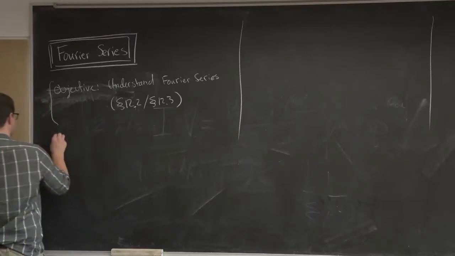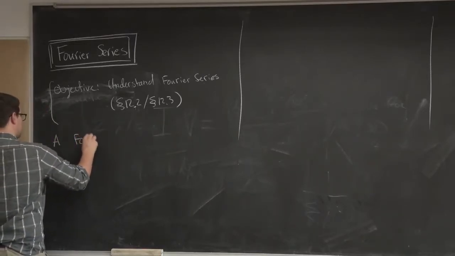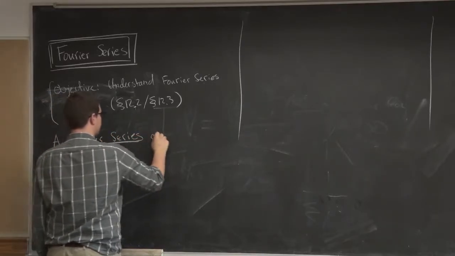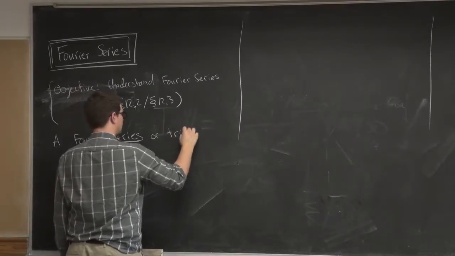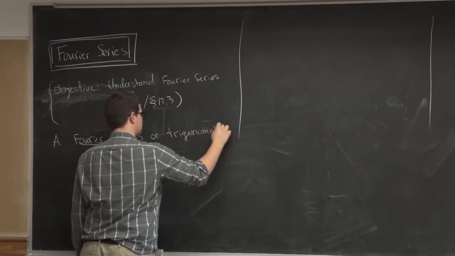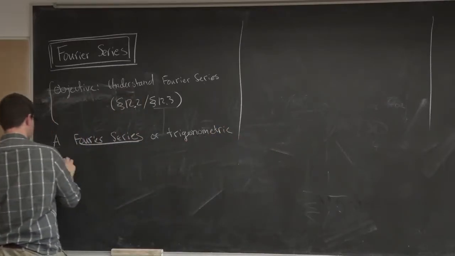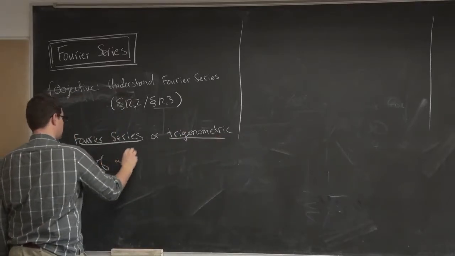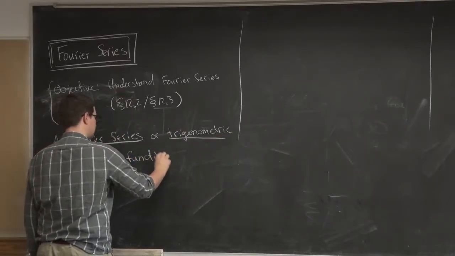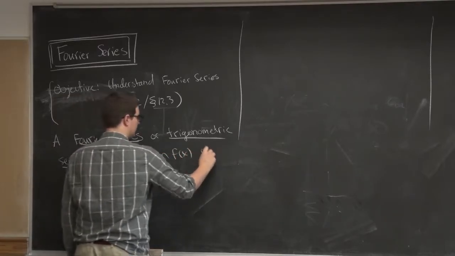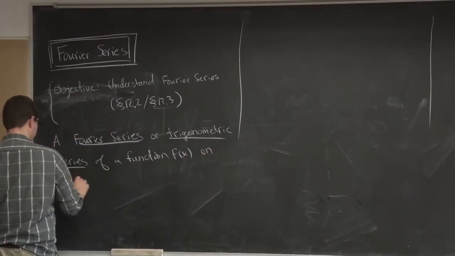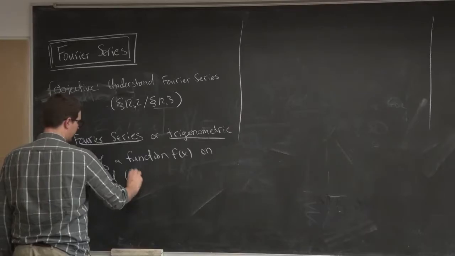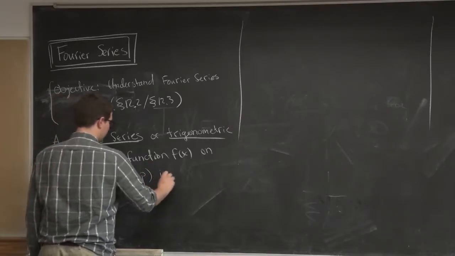Okay, so a Fourier series, or a trigonometric series, of a function f of x on an interval, say minus p to p, is the following.